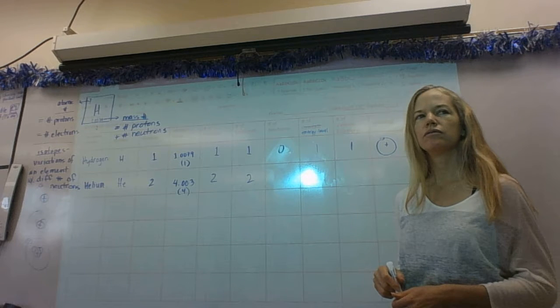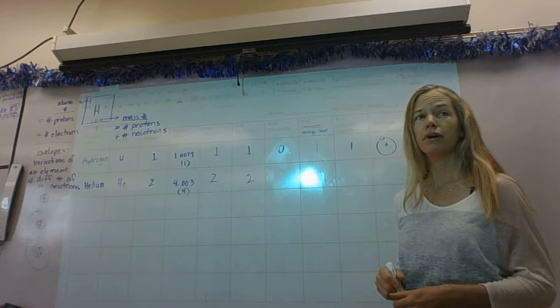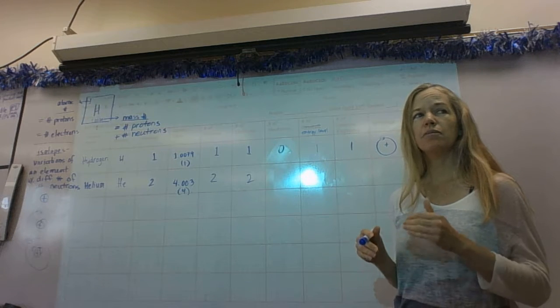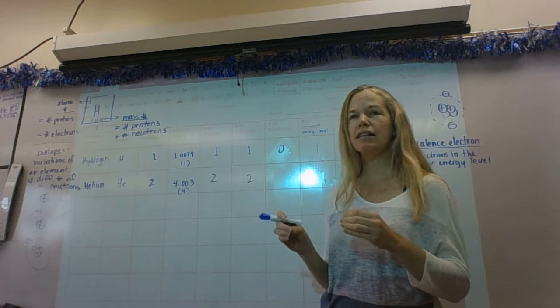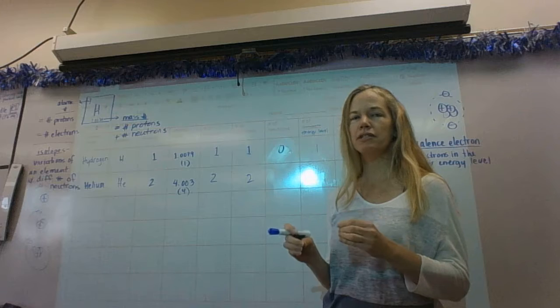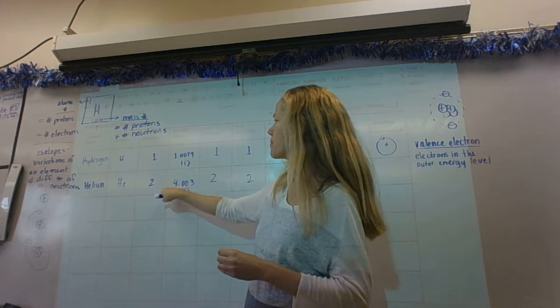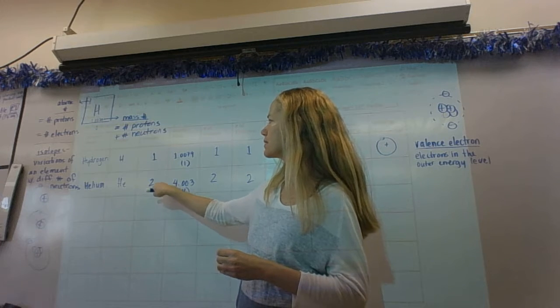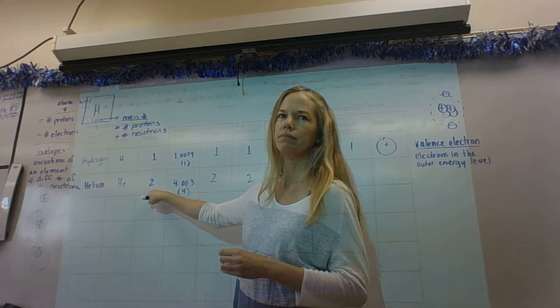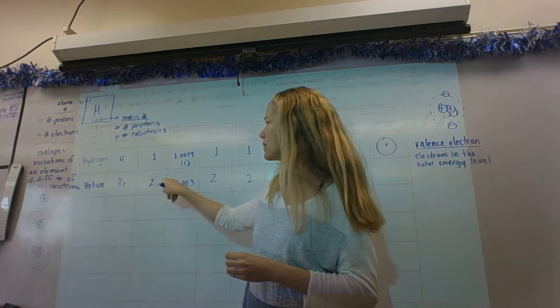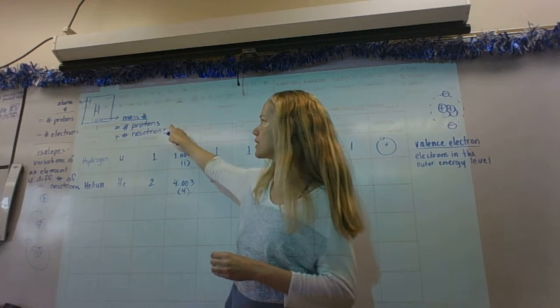Do you know? Okay, pay attention. And anybody else who doesn't know how we got that answer, you need to know. You get that answer from the mass number: subtract from the mass number the atomic number. Why? Because this number is equal to protons and neutrons.